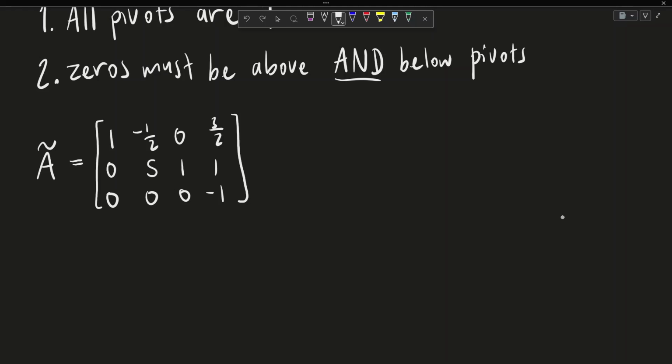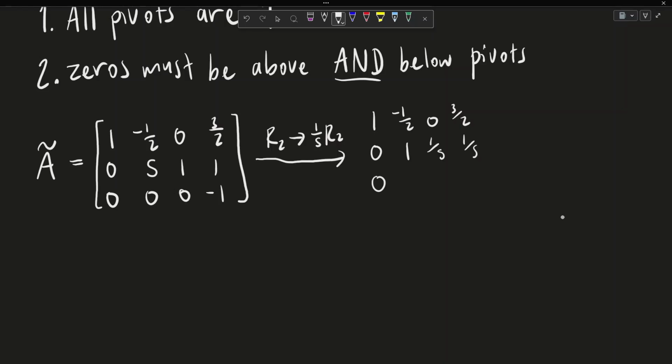First, what we'll observe is that the second row, the first pivot, is 5. So we can simply scale the second row. We can take R2 and transform it to 1/5 of R2. This will give us the first row unchanged, the second row now scaled by 1/5, and the third row unchanged.